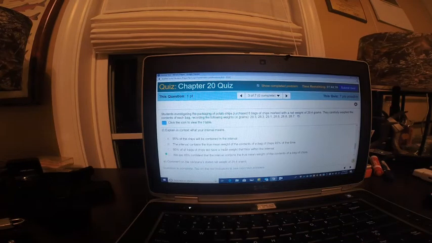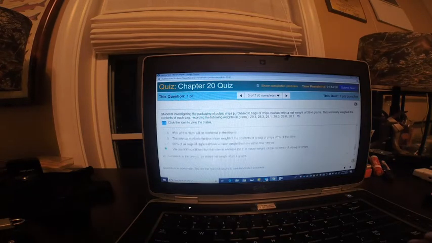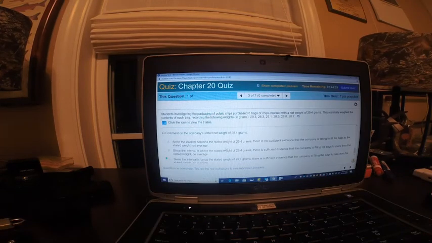D says explain in context what your interval means. So the correct choice here is we are 95% confident that the interval contains the true mean weight of the contents of a bag of chips. E says compliment or comment on the company's stated net weight of 29.4 grams. Okay.